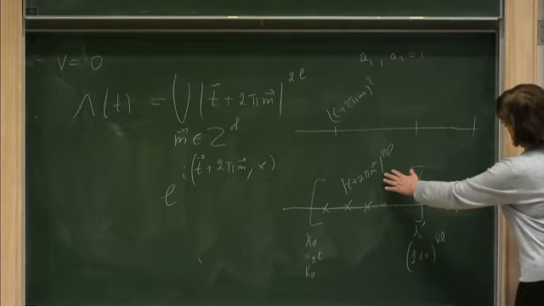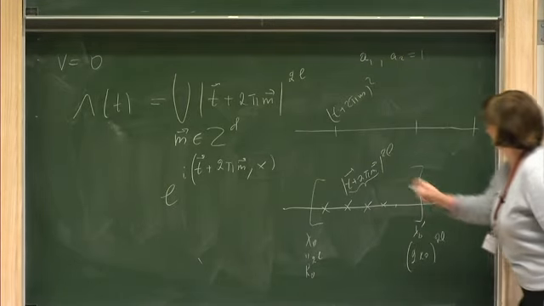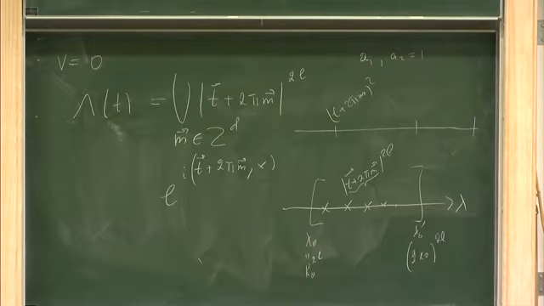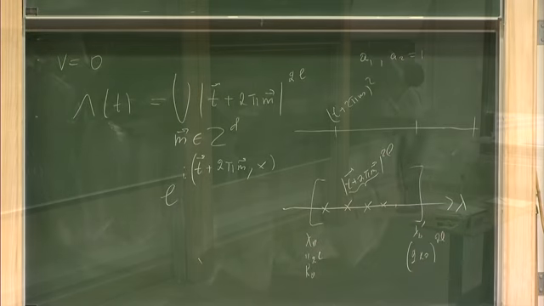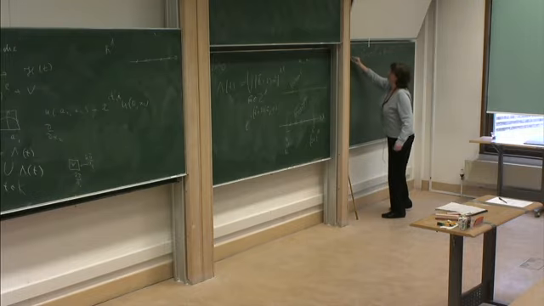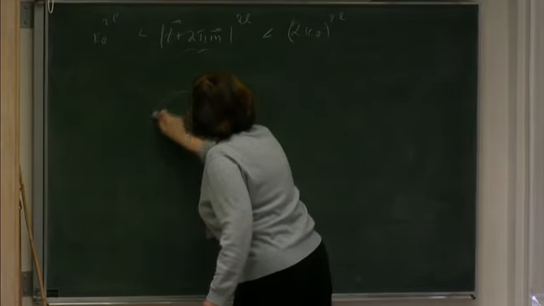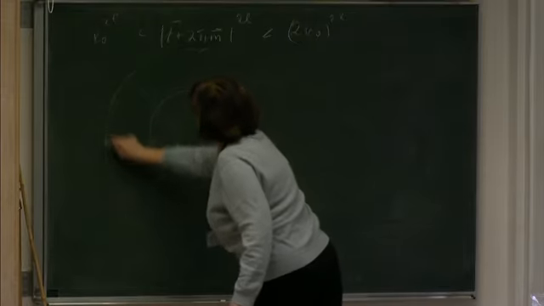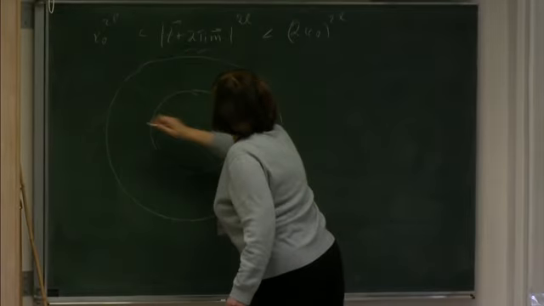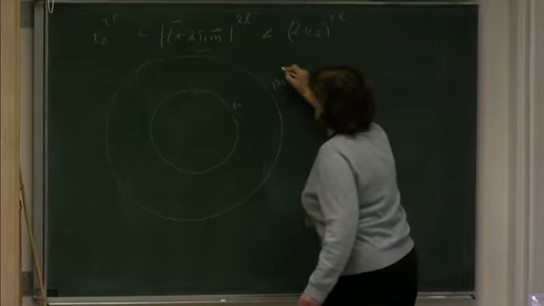What does it mean that a point is inside this interval? This means that this vector t + 2 pi m has length between k0 and 2k0, so it is in a spherical shell: this radius is k0, this radius is 2k0.